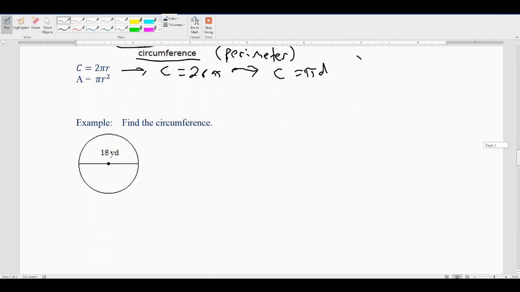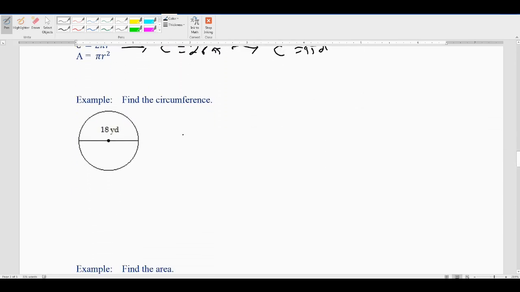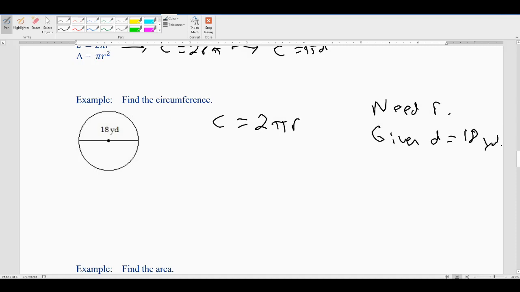We're just going to do a couple of examples. We're going to find circumference, and I'm going to use C equals 2 pi r. What we need is r. We're given d is equal to 18 yards.